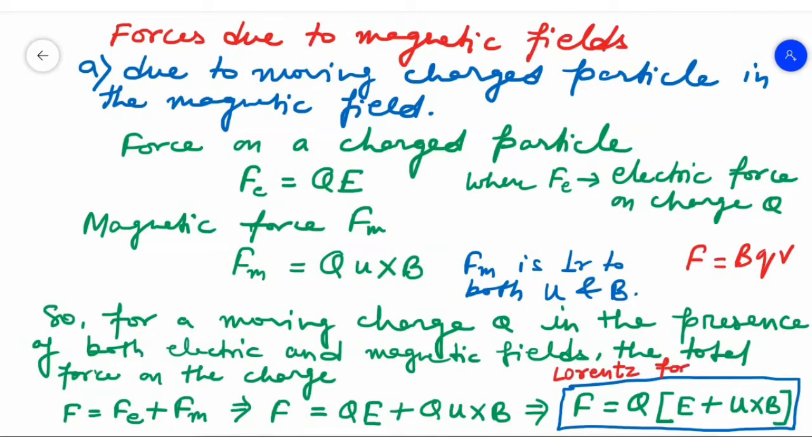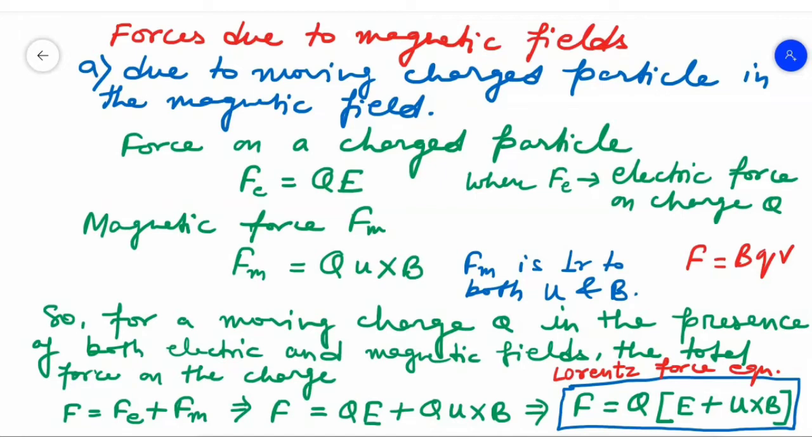F equals Q (E plus u cross B). This is called the Lorentz force equation. So this is our first part.